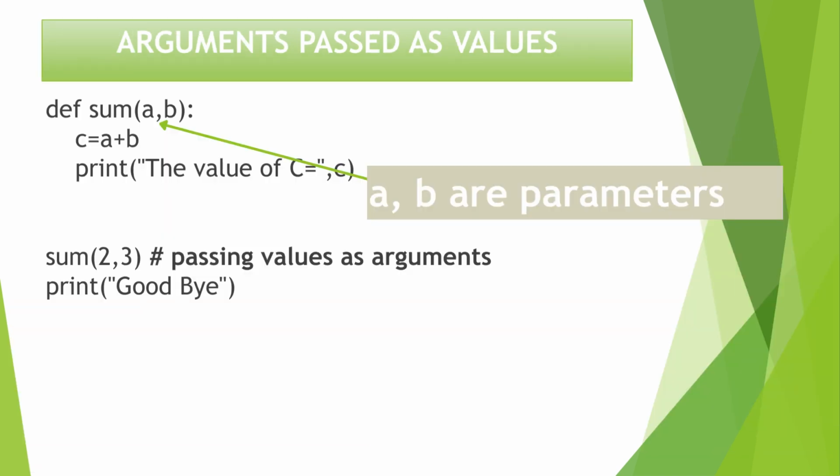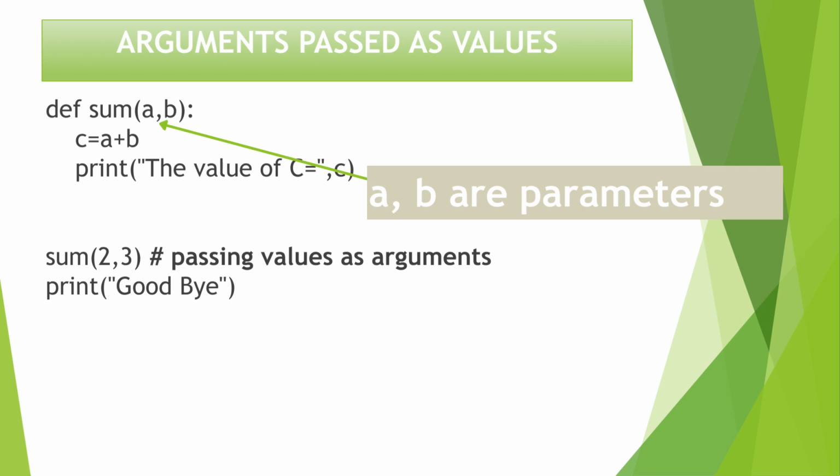Let's see what happens when the arguments are passed as values. In this example, we have simply passed the literals or values 2 and 3, which are then copied to the variables a and b, where a and b are again the parameters as they are used in the function header.